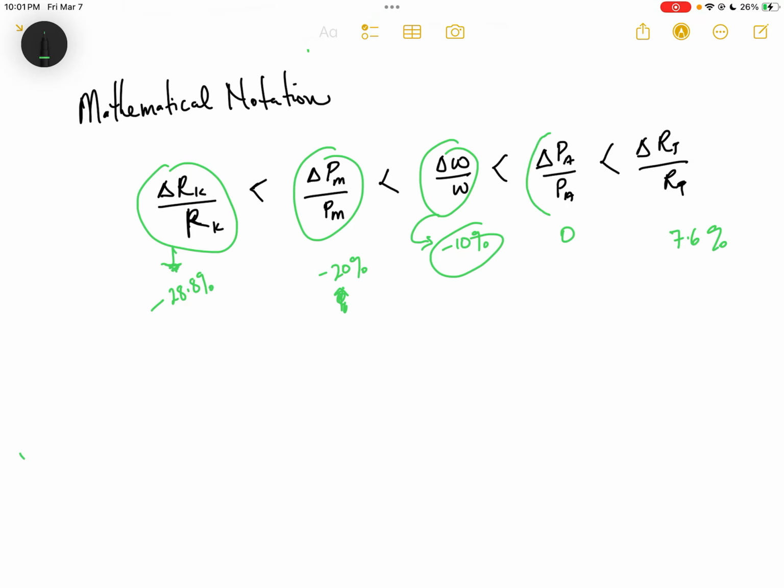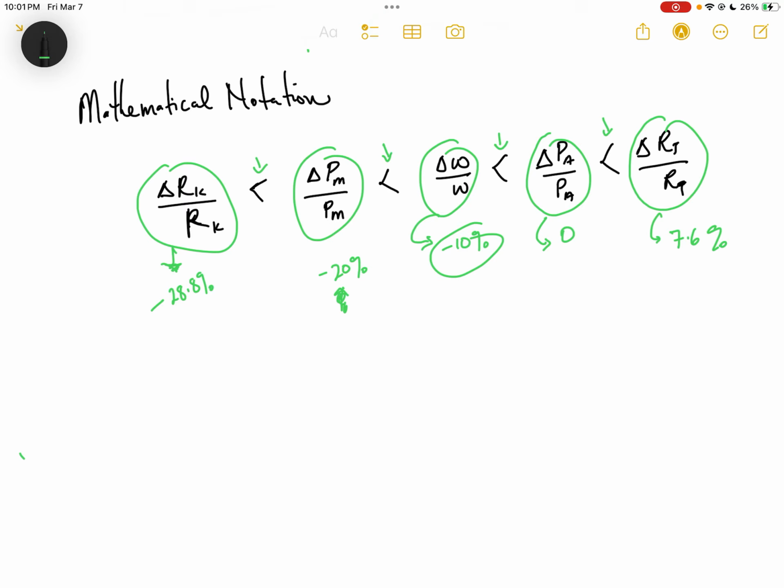The percentage change in price of rice, no change. The percentage change in rental on land went up 7.6%. This is just the mathematical notation written with the equality signs facing the same direction.